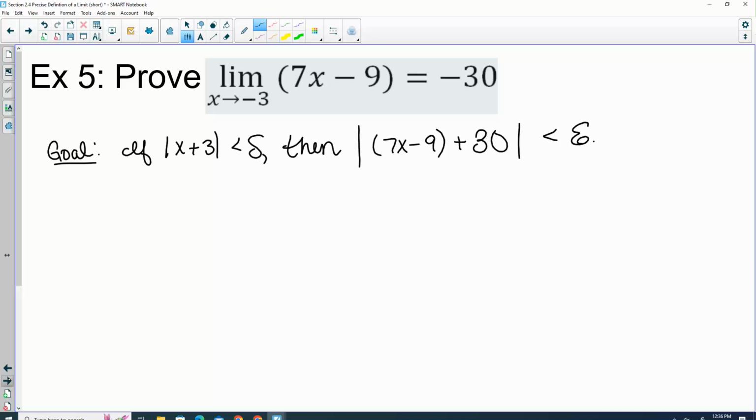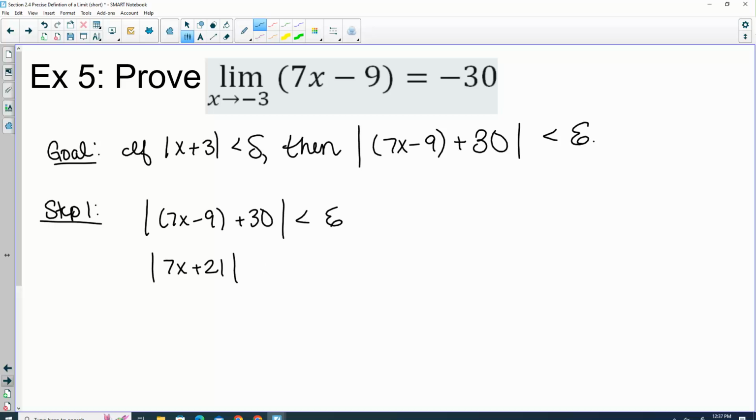Alright, so step 1, we have to figure out what delta should equal. So we take that second inequality. And what do we do first? Add 30. Okay, so -9 plus 30 is positive 21. Then what would you do? Take out your 7.